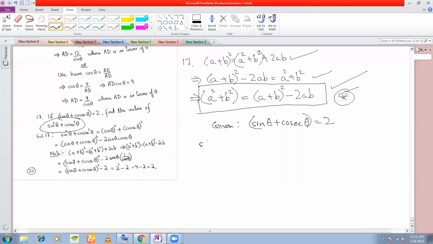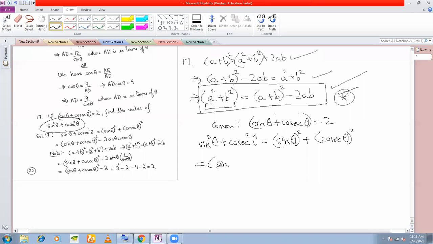Okay, so sine square theta plus cosec square theta is nothing but a square plus b square form, isn't it? If you see above, a square plus b square is equal to a plus b whole square.